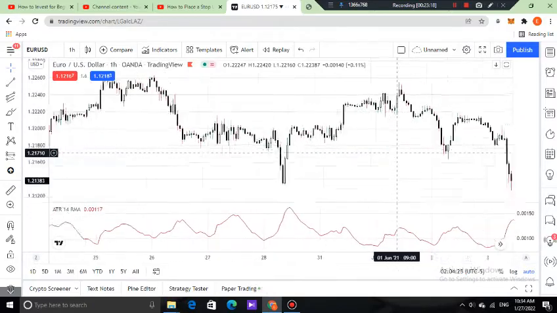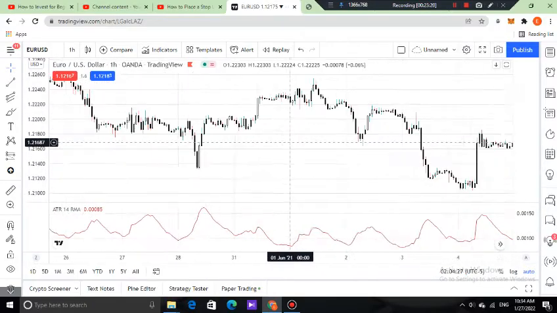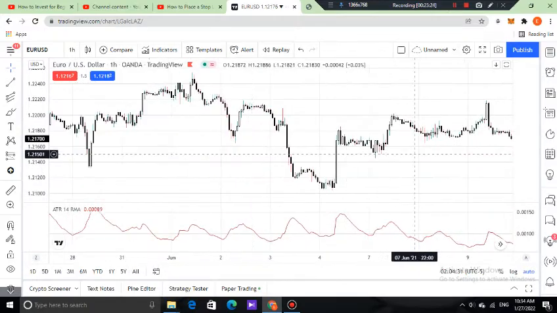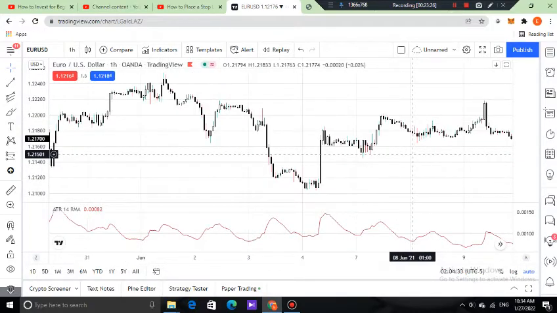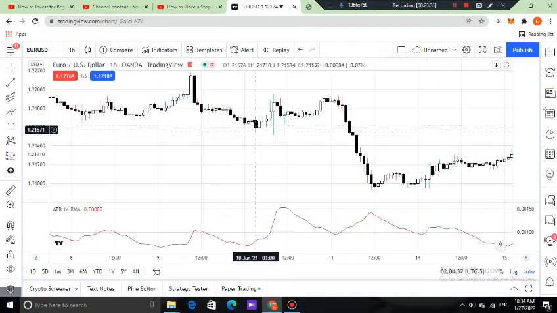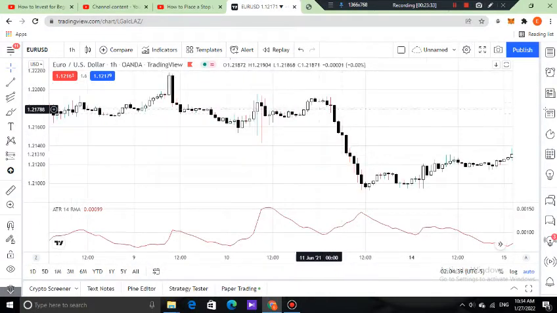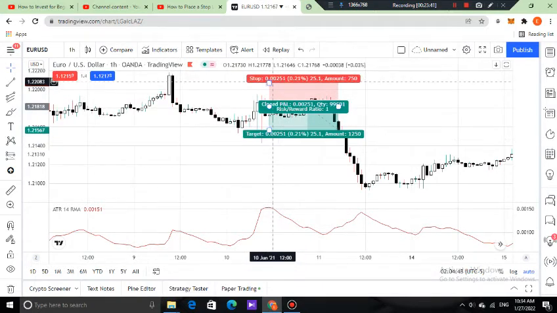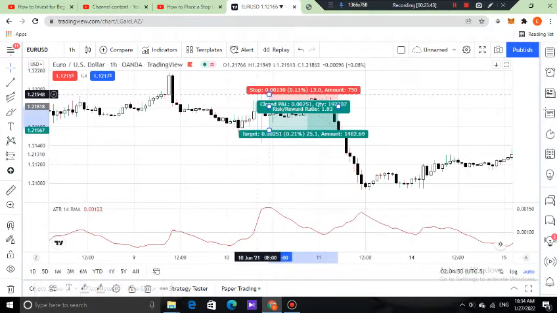Let me give you an example here. For example, you enter the position at this price and you put your stop above this candle.